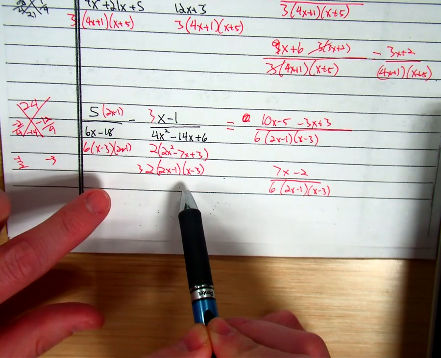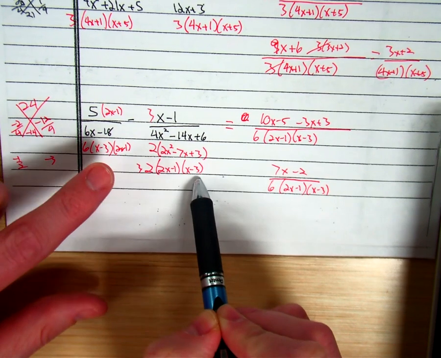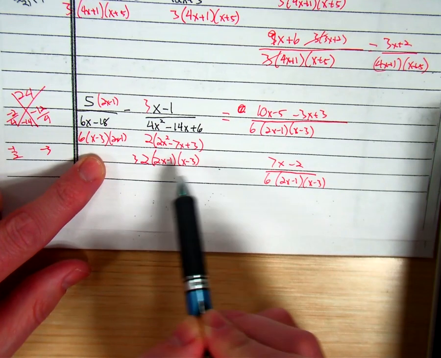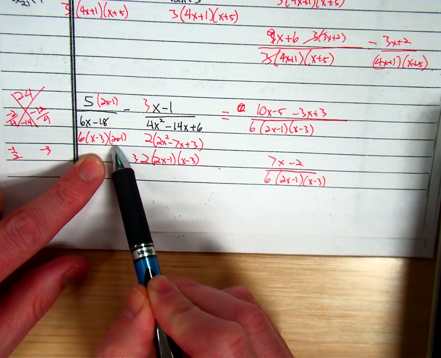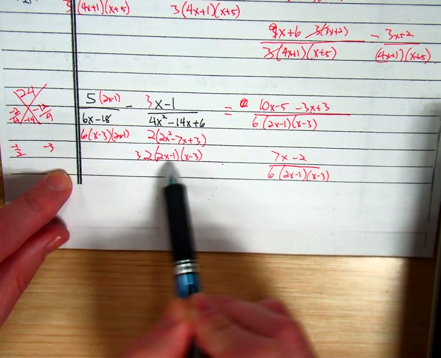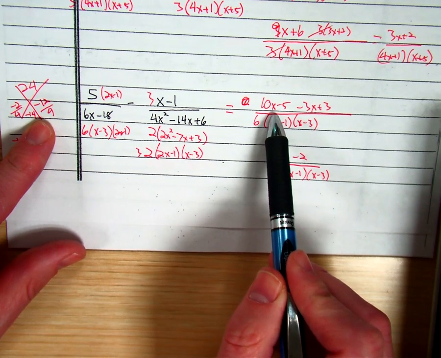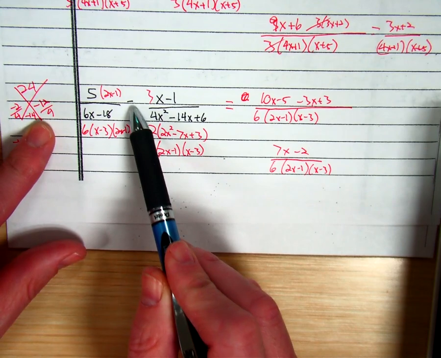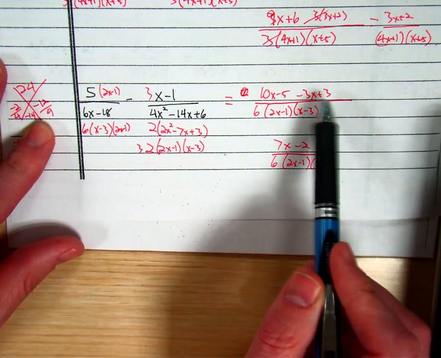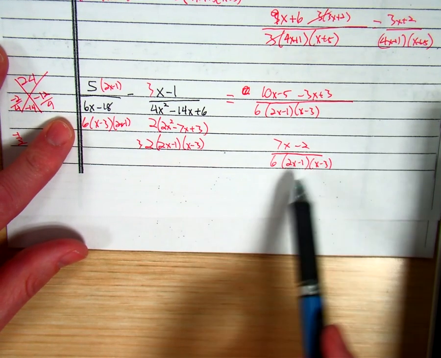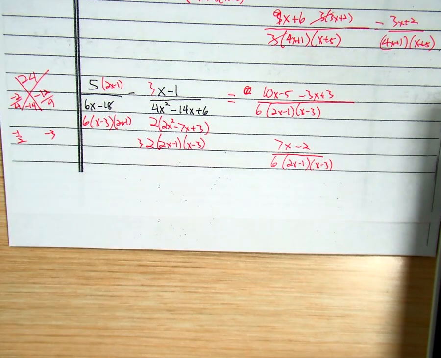Okay, so they both have the x minus 3's, excuse me there. This one's going to need the 2x minus 1, and this one's going to need a times 3. And we'll have 10x minus 5 minus 3x, because that's a minus 3x plus 3. And after we put things together, we'll have 7x minus 2 over 6 times 2x minus 1, x minus 3.